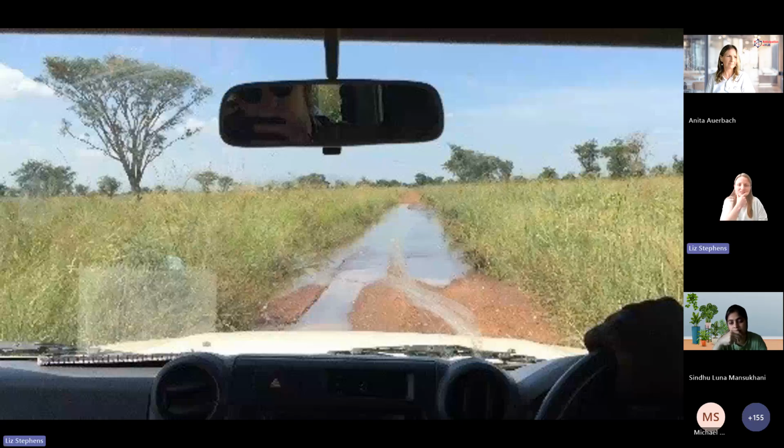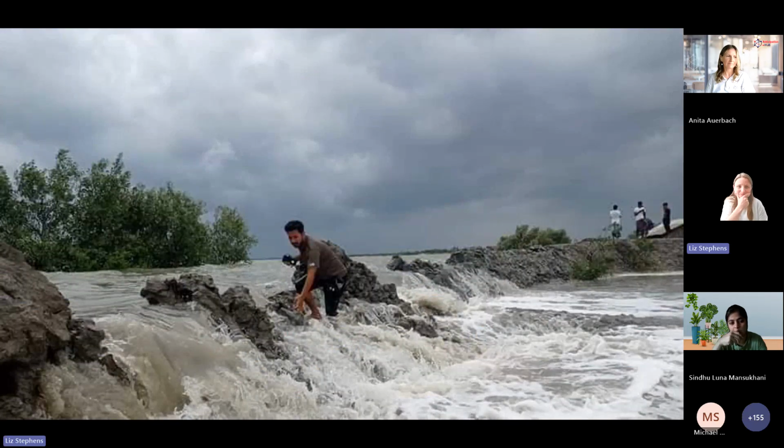So what about this flood here? Any ideas of the type of flooding here? So we've got dam burst, coastal flooding. Anyone else have any ideas?